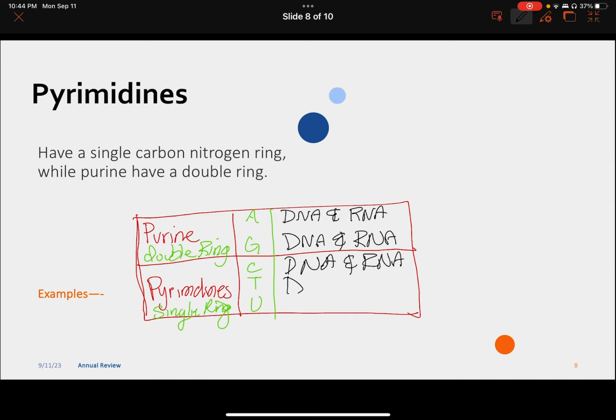Thymine is in DNA only. Only. I use the word only because it's only used there. No exceptions. Uracil is in RNA only. Okay, so this is a great table to copy in your notebooks to remember where the pyrimidines and purines go.